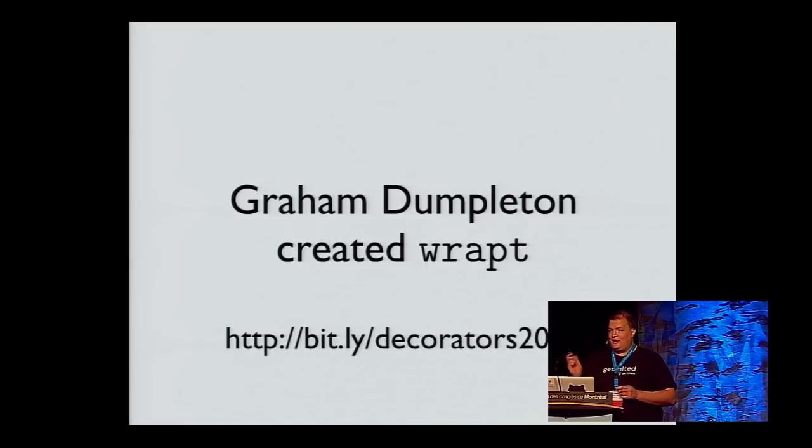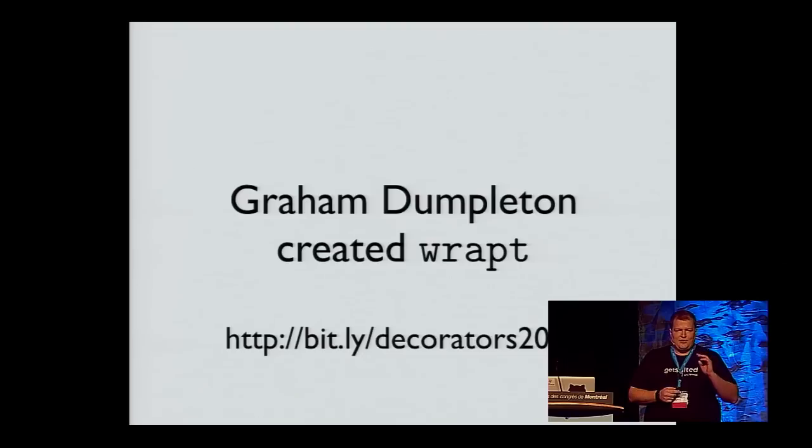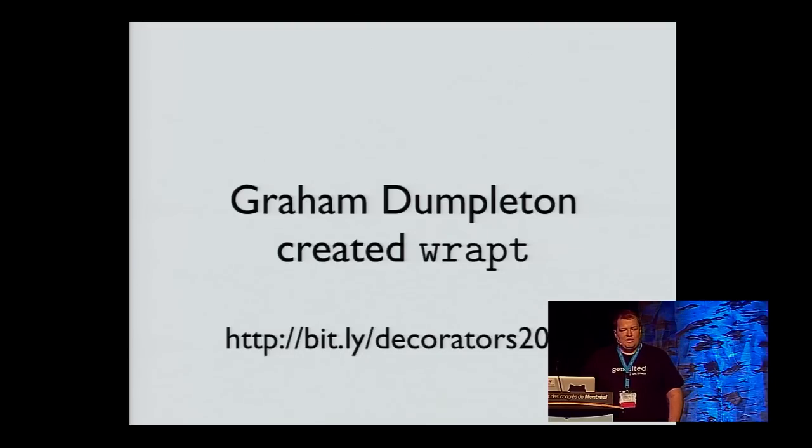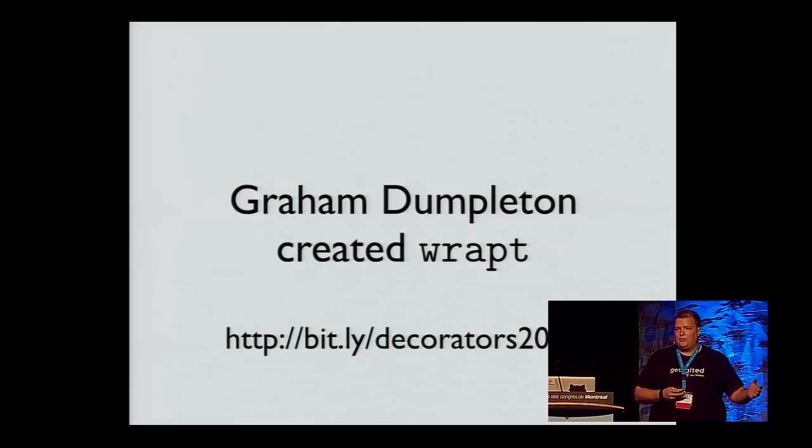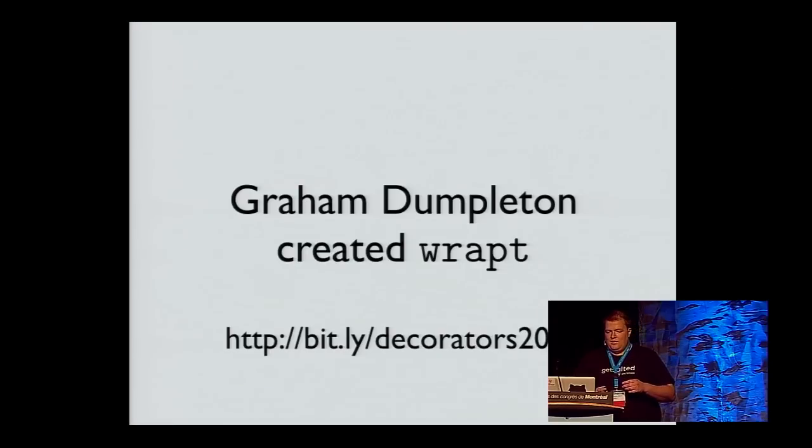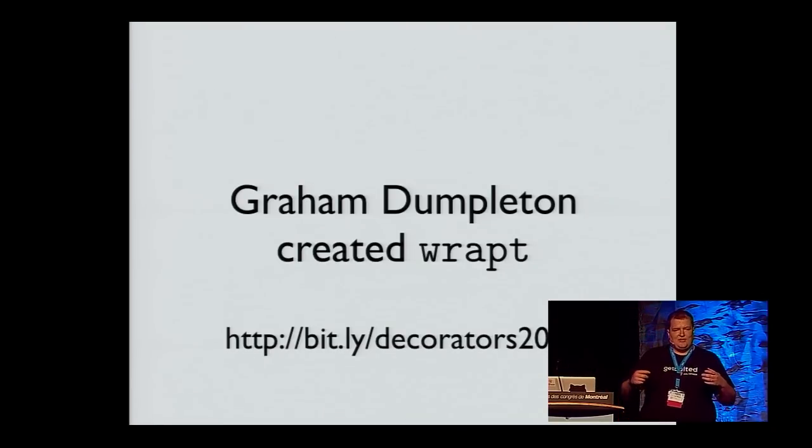This link here, which you can also find on the slides online, will lead you to his first blog post on the subject. He did a series of 10 blog posts earlier this year on creating decorators the right way. If you follow through that explanation, you can see exactly what goes into a library like Wrapt.